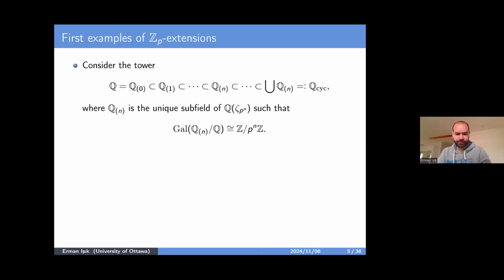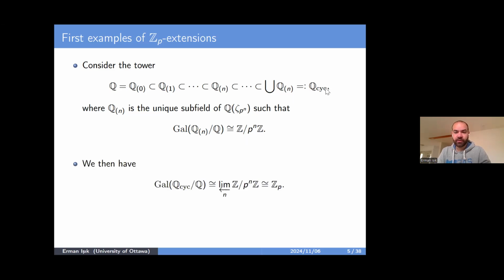So the question is, do we have Z_p-extensions all the time? Well, let's focus on the unique subfield Q_n of Q adjoined with ζ_{p^n}, chosen so that the Galois group is Z/p^nZ.